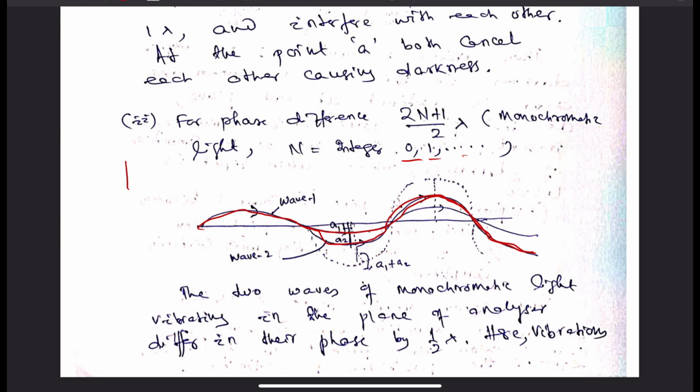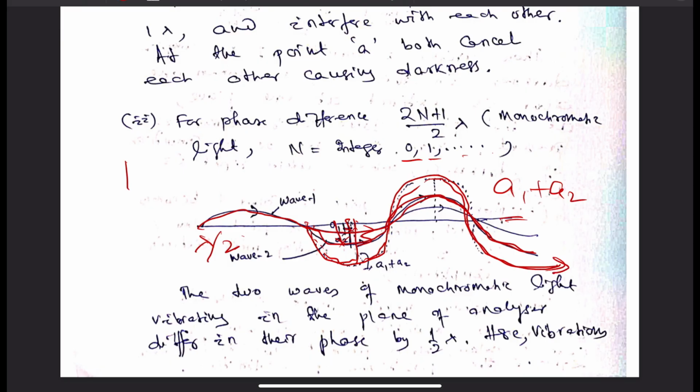Here they have the path difference lambda by 2. What happens? These two rays pass. Here there will be the resultant wave. The intensity of the resultant wave will be increased because the amplitudes of both the rays will be added up. A1 plus A2, the amplitude of the first wave and the amplitude of the second wave, add up to form the new amplitude. This will be the new amplitude and this will be the resultant wave.